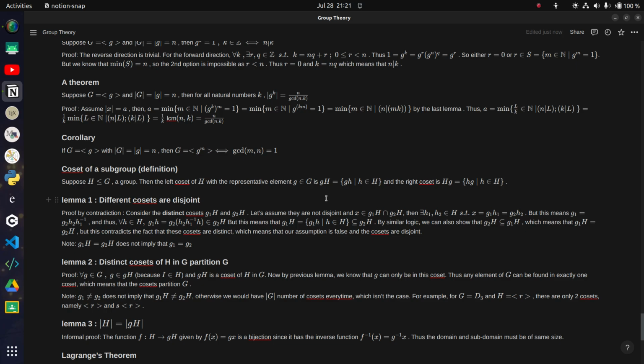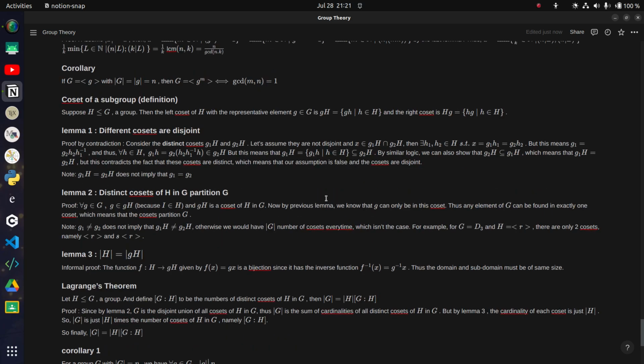Cool. The next lemma is that distinct cosets of capital H in G partition G. Honestly, I was not going to prove this, but there is some subtlety that I do have to tell you about, so actually I should probably do this.